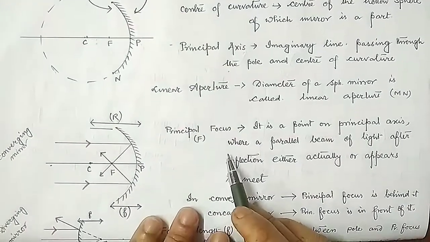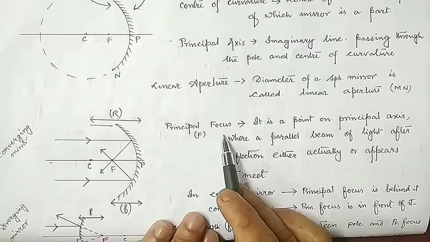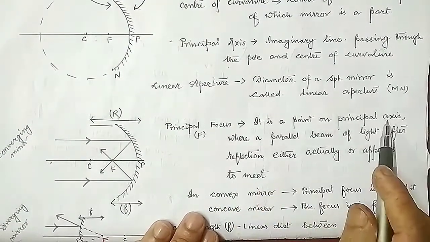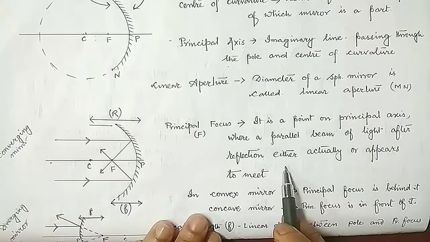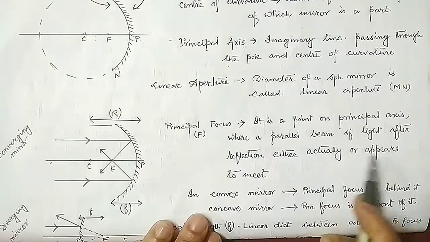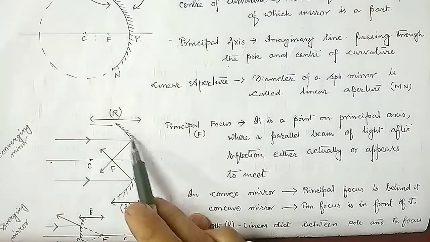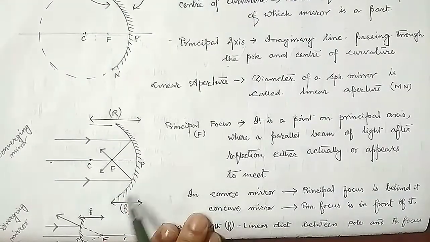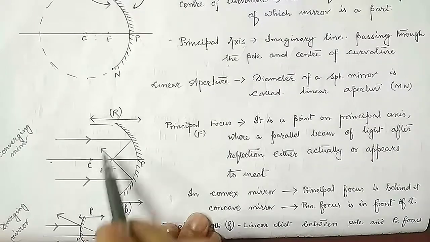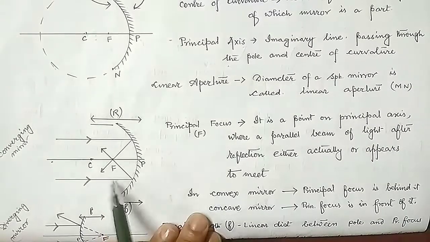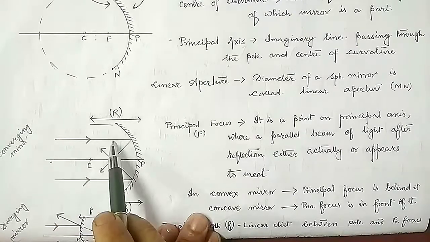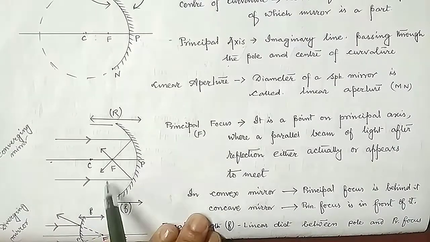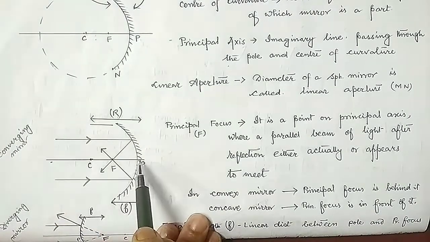Next one is the principal focus. Principal focus is a point on principal axis where a parallel beam of light after reflection either actually meets or appears to meet. Here you can see, here I have drawn one concave mirror. These are two rays which are parallel to the principal axis. Already you know this one is the principal axis. These two rays are parallel to the principal axis.